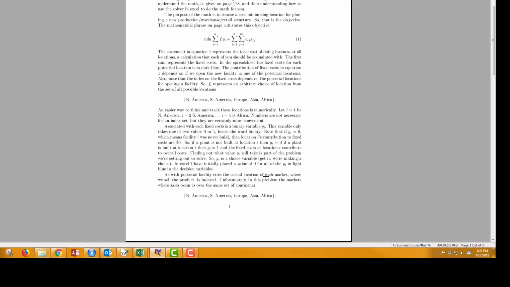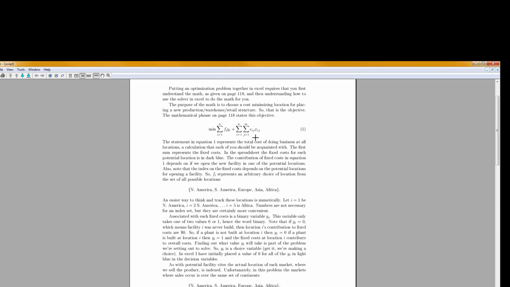I say unfortunately because an arbitrary j could have the same name as an arbitrary i. The double sum in equation 1 describes the variable cost of doing business. So, for example, c sub ij represents the cost per unit of a product produced at facility i and shipped to market j.